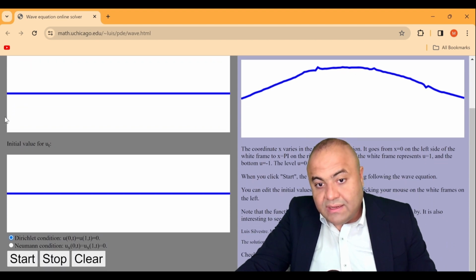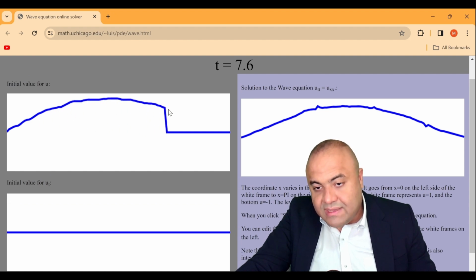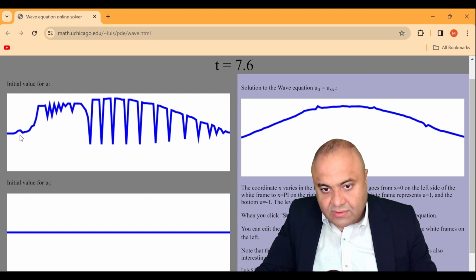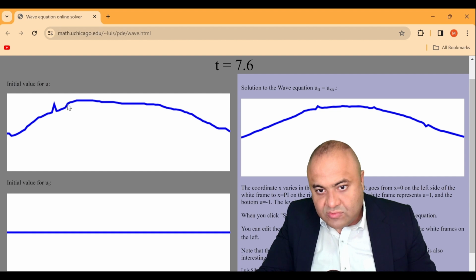In here you define the initial condition. You just click and basically draw here. Oh, I made it bad. Okay, here again, sorry, like this, a little bit more smooth will be this way.